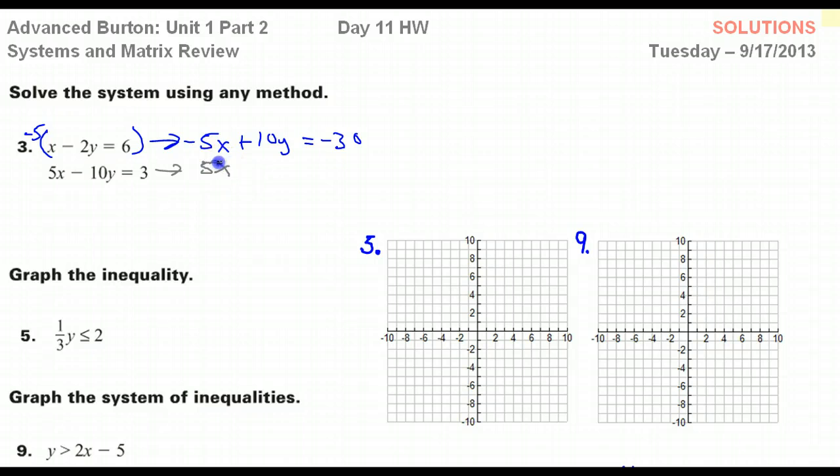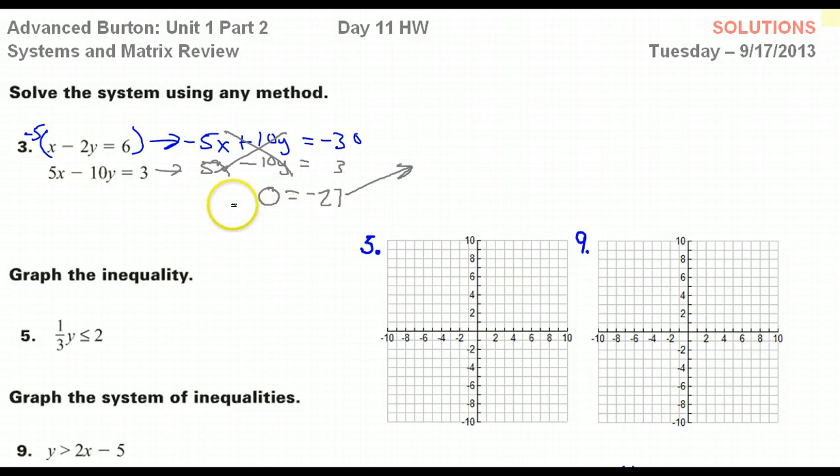So that's just going to stay 5x minus 10y is equal to 3. But what happens is everything cancels out, not just the x's, but the y's also cancel out. So that's going to leave me with 0 equals -27. So the question is, is this going to be no solution or infinitely many solutions?